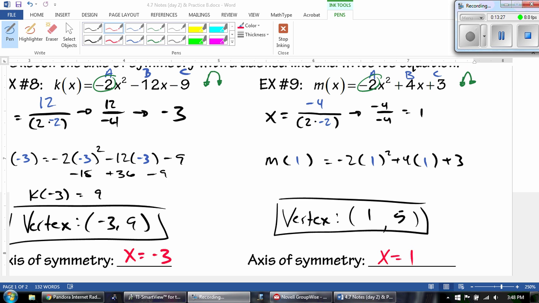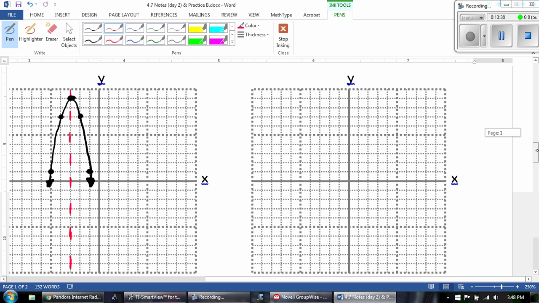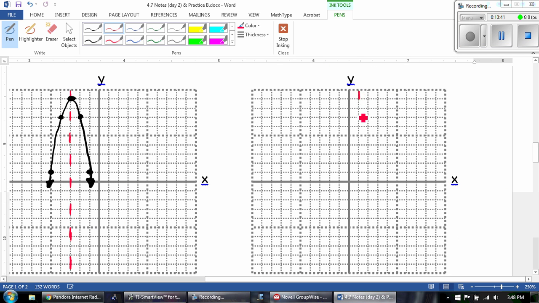Okay, so you should have gotten (1, 5) as your vertex, and x equals 1 as your axis of symmetry. Okay, so why don't you guys go ahead and see if you can graph that on your own. Remember, your axis of symmetry is at x equals 1. You're going down, so remember what pattern you should use, okay?